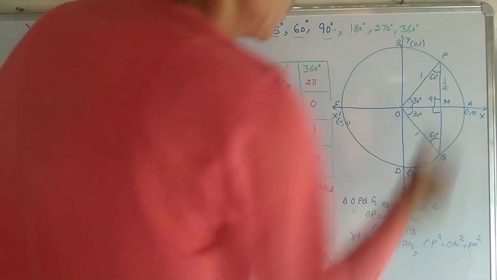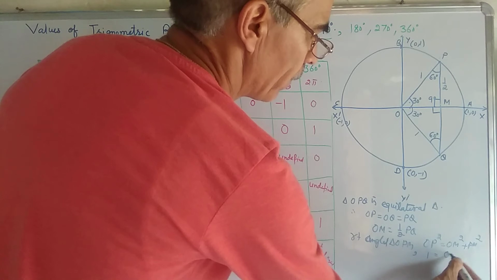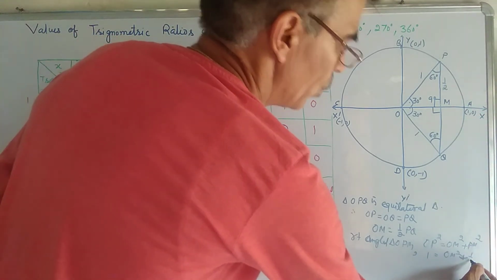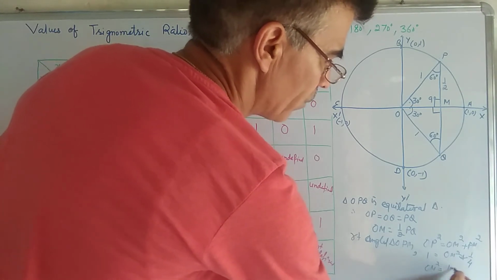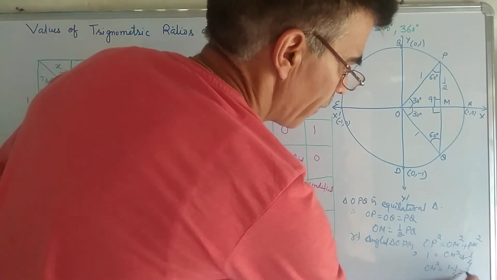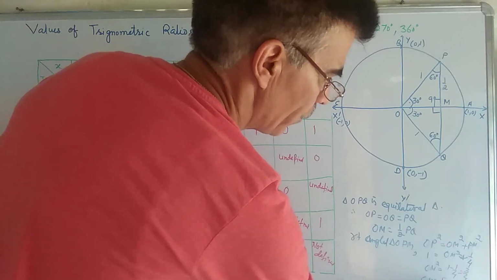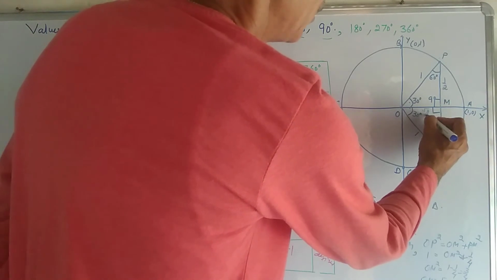OP is 1, OM is to be calculated, plus 1 upon 2 whole square, which is 1 upon 4. Therefore, OM square is 1 minus 1 upon 4, which means 3 upon 4. OM is root 3 upon 2. So this value is root 3 upon 2.